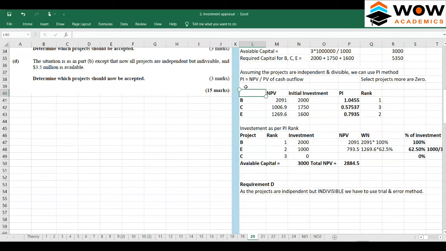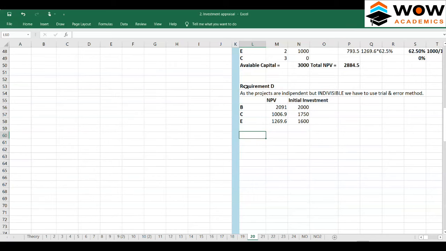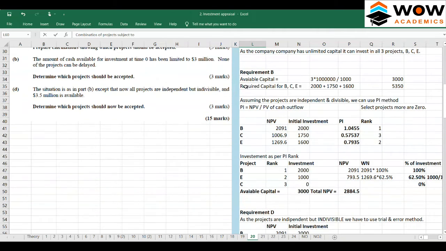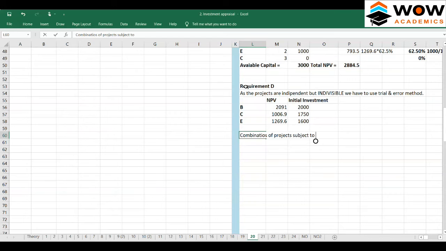With the investment we'll get it. So what are the combinations of projects you can do, subject to the total capital? 3.5 million. This time it becomes 3.5 million.